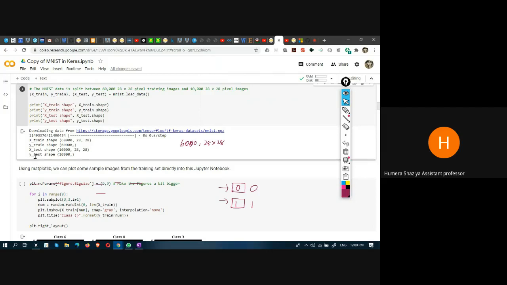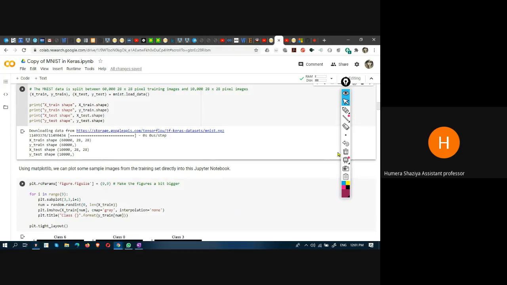And X test is again images, how many? 10,000, and dimension 28 by 28. And Y test is classes, 10,000 classes. Again, it is not an image, so you don't have dimensions. I have executed, so data has been downloaded and shape has been printed.